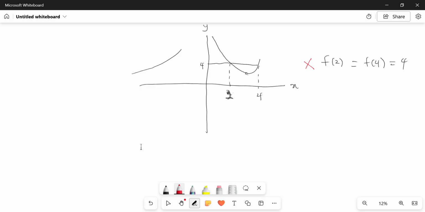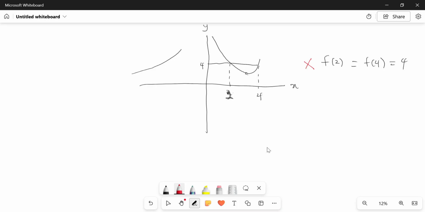And as we did before, right? The example we just did, we drew a horizontal line and saw that, okay, since the value of x as 2 and the value of x as 4 give us the same value on the y-axis, then it's not a one-to-one function. What this is called is the horizontal line test. So how do we do this?